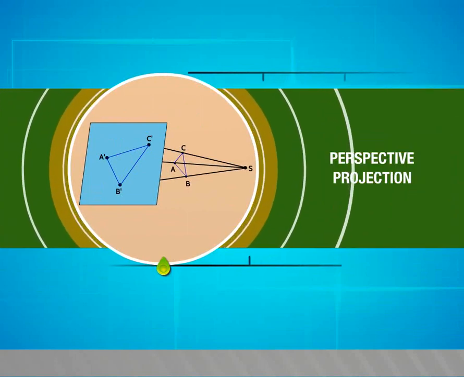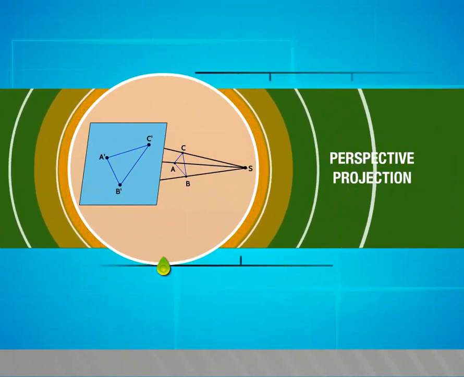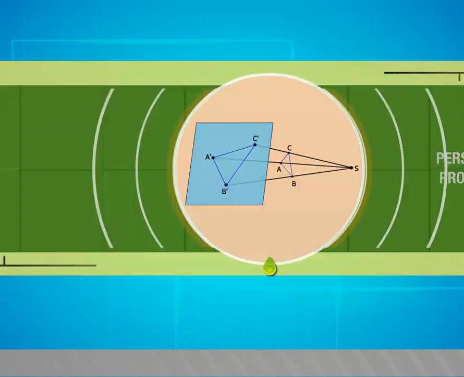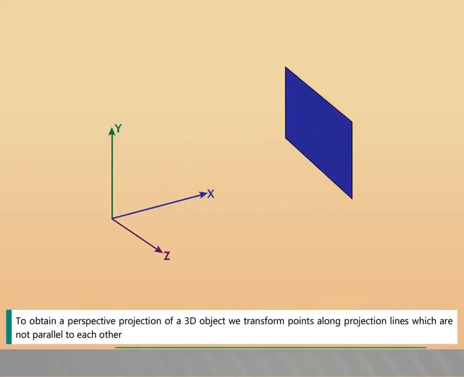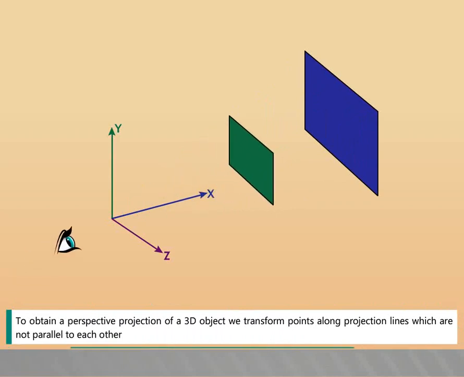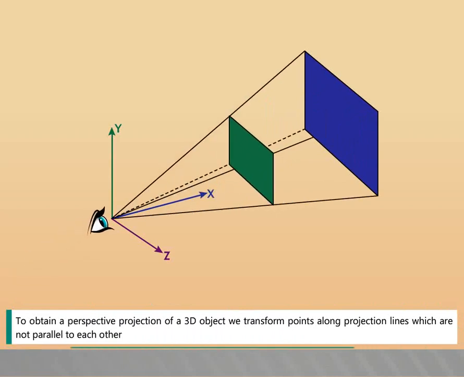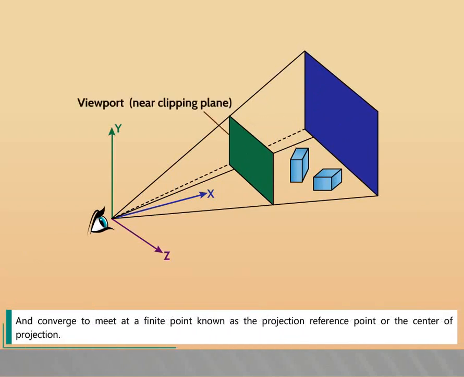Perspective projection. In this video, we are going to see about perspective projection. To obtain a perspective projection of a 3D object, we transform points along projection lines which are not parallel to each other and converge to meet at a finite point known as the projection reference point or the center of projection.